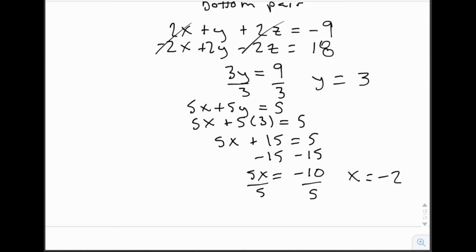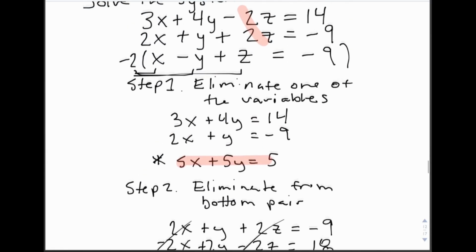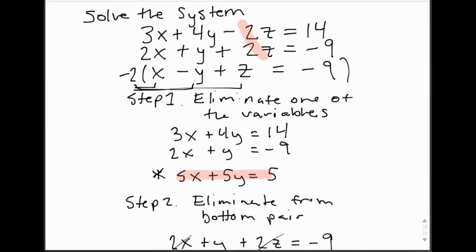So now we have y is equal to 3, and x is equal to negative 2. Now all we need to find is that z value. So we can go back up to the top and pick one of these equations that we can plug it into. Let's plug it into this first one to figure out what our z value is going to be.